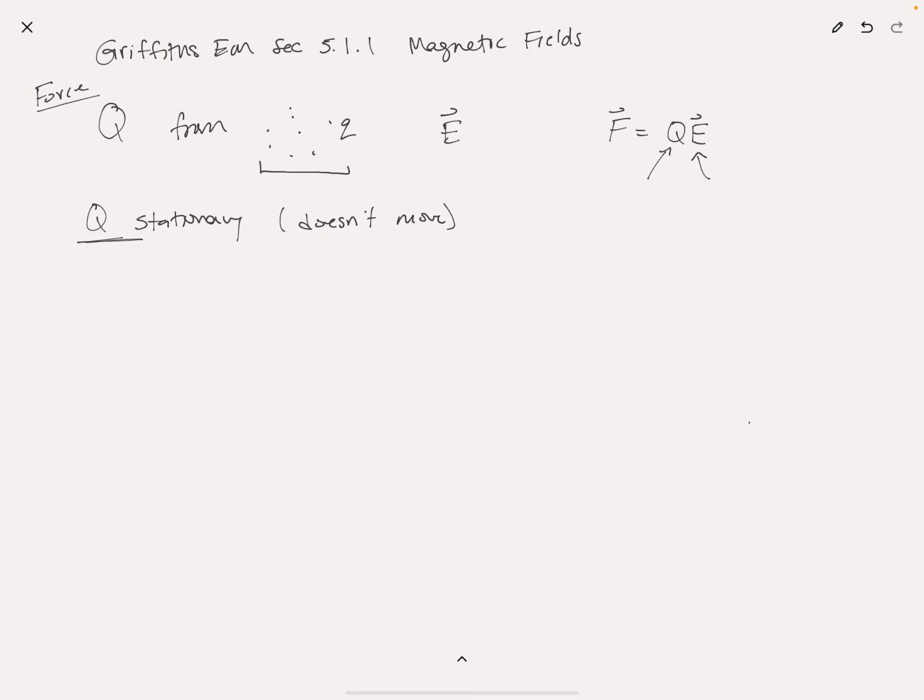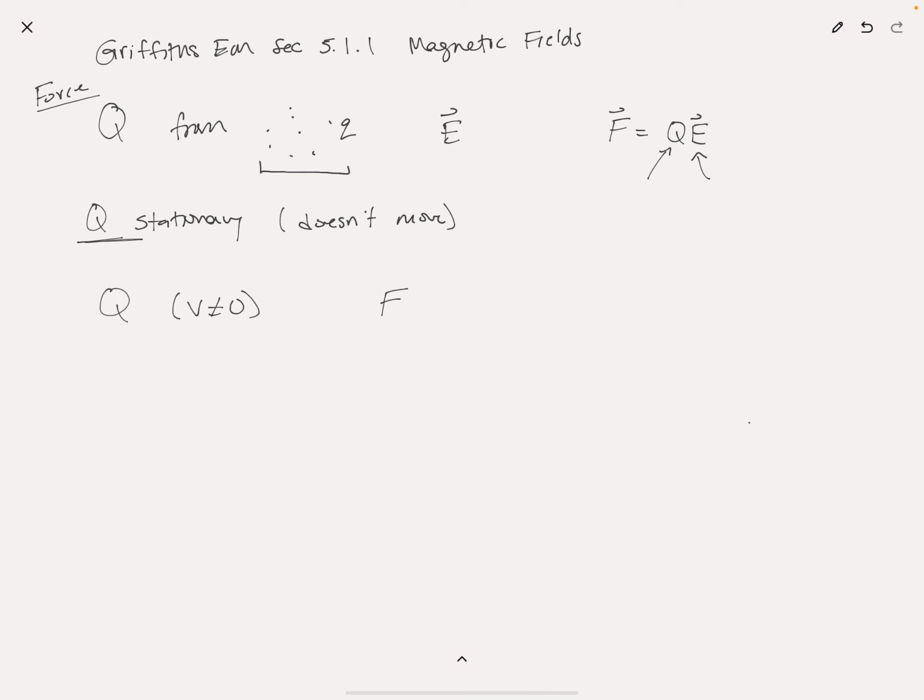So if our test charge Q has some velocity that is non-zero, there is a chance that it will feel an additional force, not the electric force or the force from the electric field, but the magnetic force.